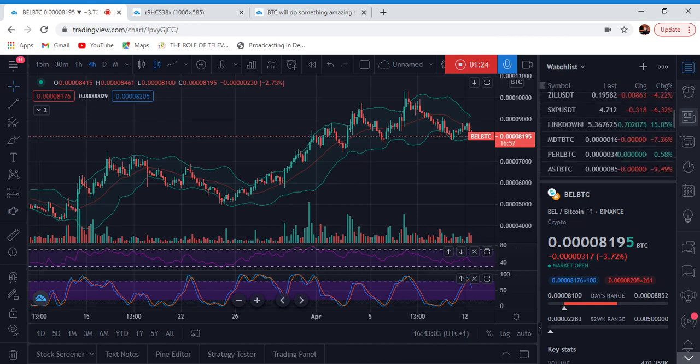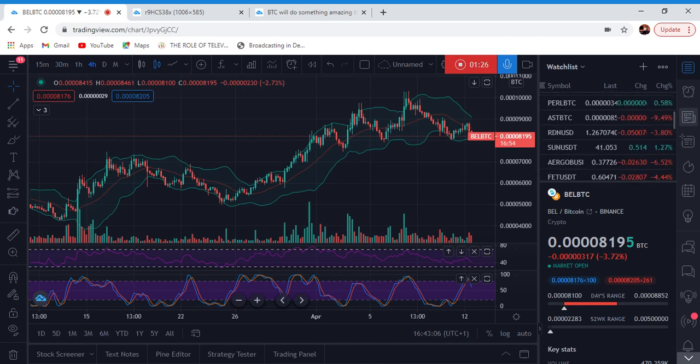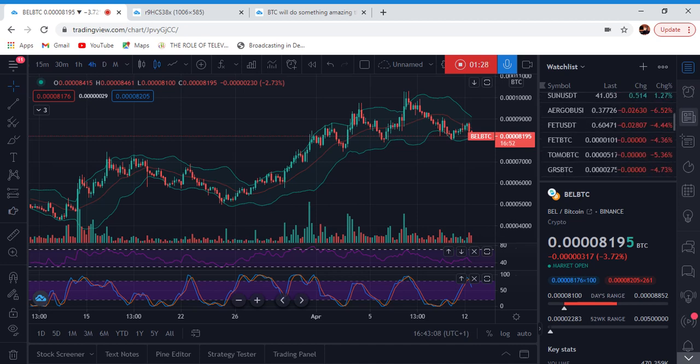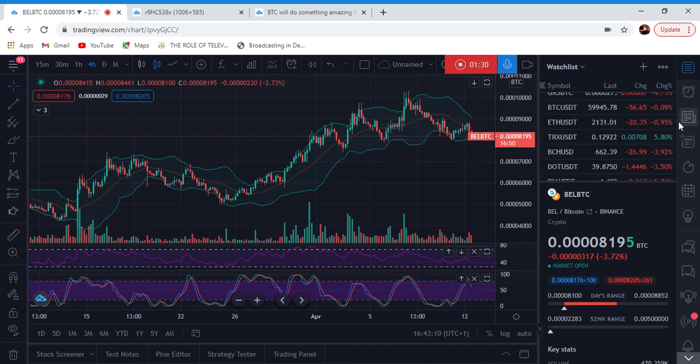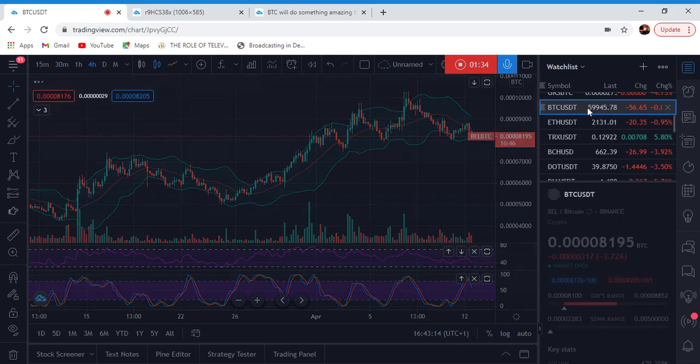You can actually use any pair, but I'm trying to opt out of using BTC because of my drawings. I've made some expensive and critical layouts there already on my BTC USDT pair. But if I want to go over making support and resistance and drawing certain lines like that, we'll have to use another coin.